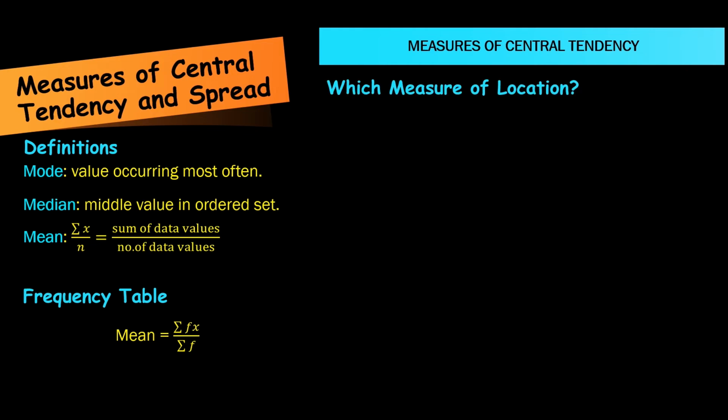Now, which measure of location should we use? For qualitative or quantitative data, we can use the mode. Sometimes we have one mode and sometimes we have two.